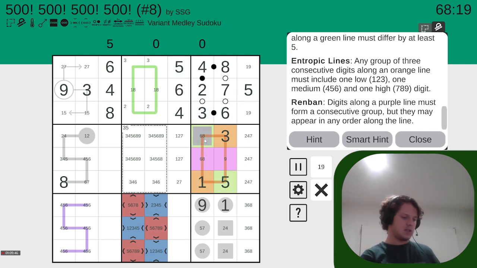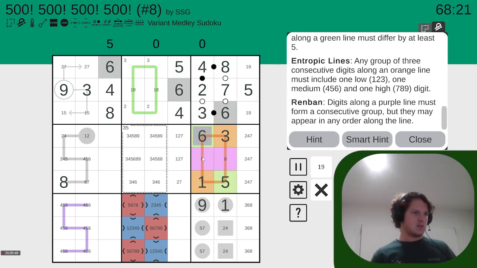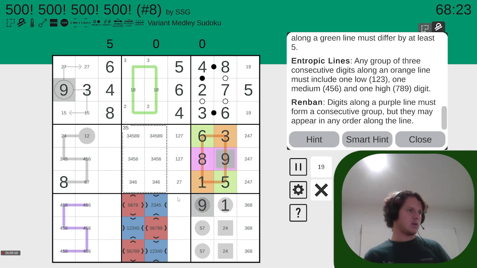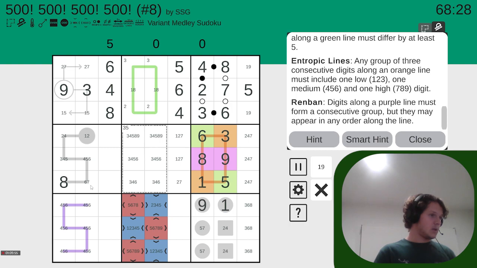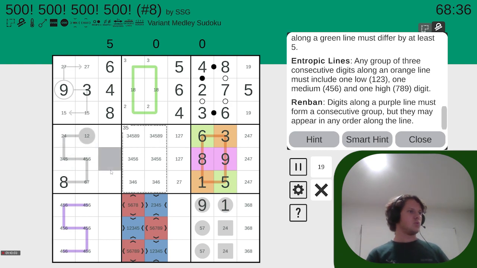This has to be our 6 up here, which means this is our 8 in here and our 9 in here, through the same logic. Okay. This can still be 7. This can still be 6. This can still be 5. This can still be 4. This can still be 2. Cool.